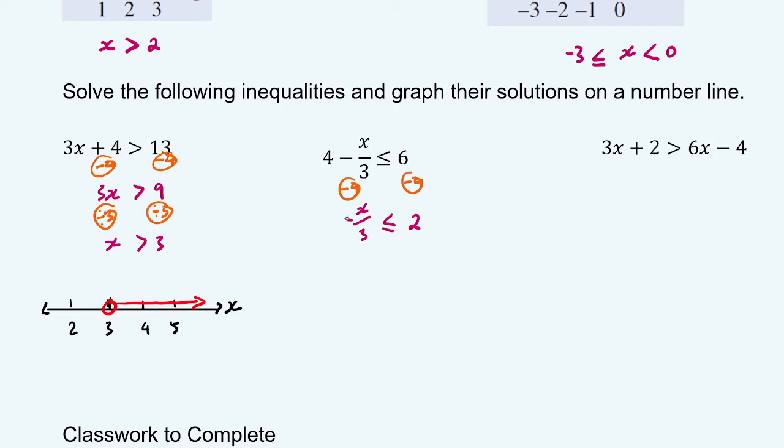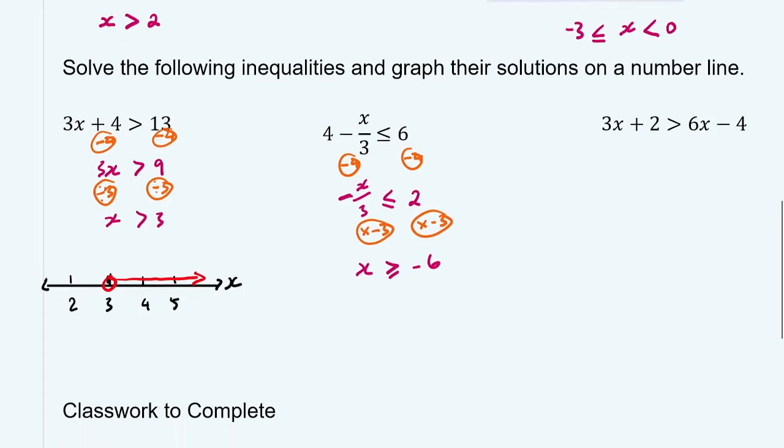The negative sign here is for both, but if we multiply by -3, we'll just get a positive x. And what that does is switch our sign around. We're multiplying now by a negative number, so we're going to switch our sign around. So we're now going to have that. Now, 2 times -3 is just -6.